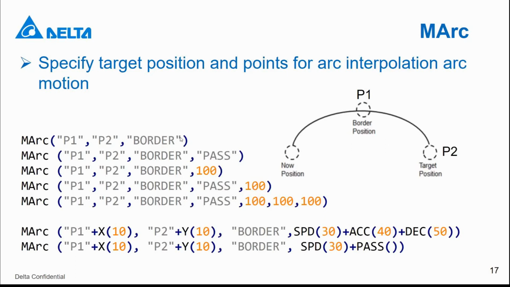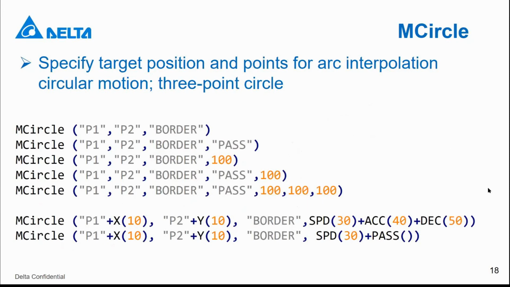And in the end, you can choose the border mode. Now it is the only mode we can use. For the others, you can also change speed, also use the pass function. It's similar to other instructions. And the next one is the M circle. It can move the robot in a circle motion.